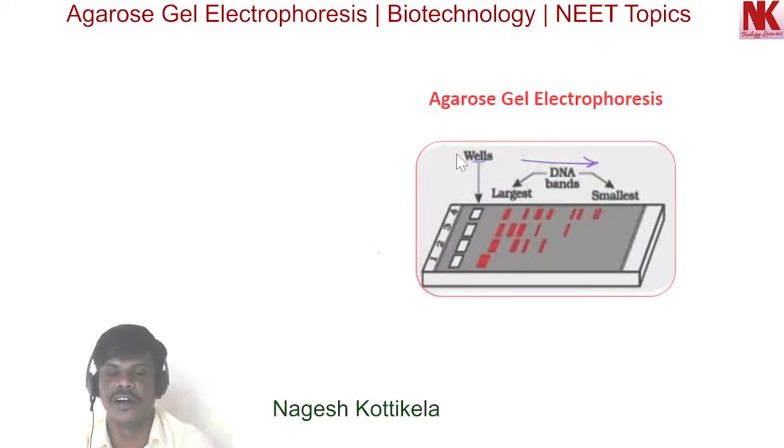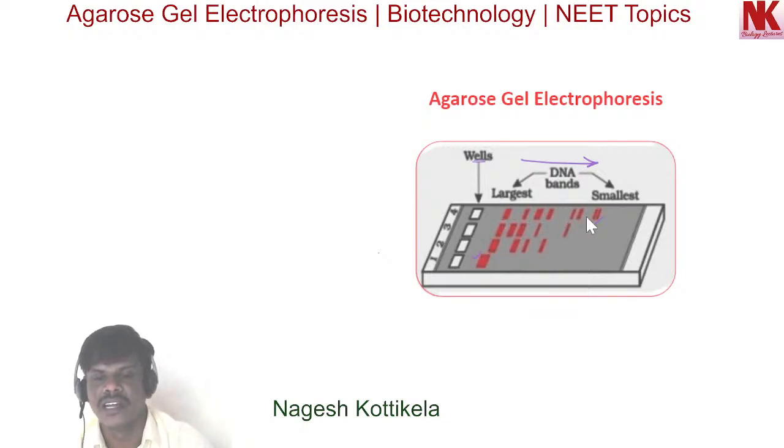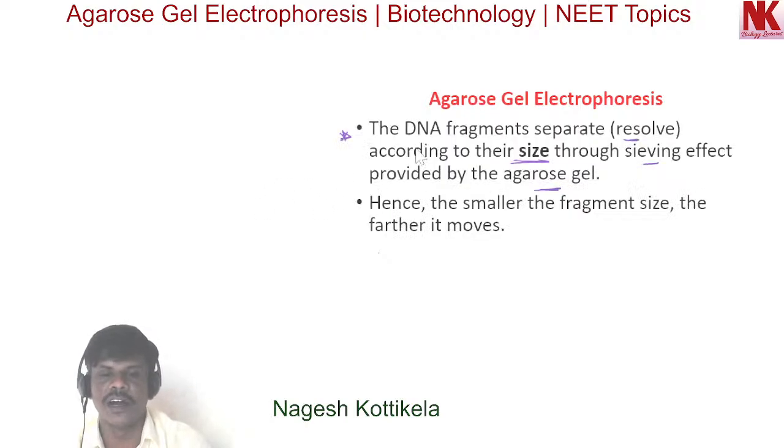If you see here, this is a large size DNA fragment, and these fragments are of smaller size. So based on the sizes, they are moving. The smaller the size, the faster it is moving. You can see. So what do we understand from here? The DNA fragments separate according to their sizes through sieving effect provided by the agarose gel.